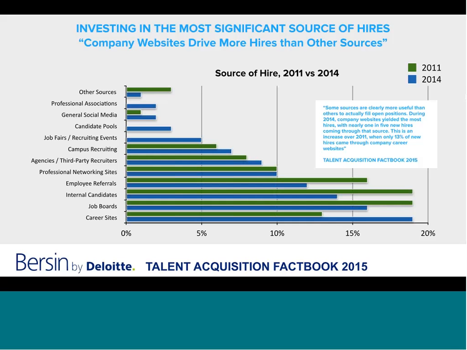Now, that's interesting in that it's the largest, but I think what is even more impactful is that it is really the only large driver of hires that is increasing in size in the sample time that Bersin did this from 2011 to 2014, right?